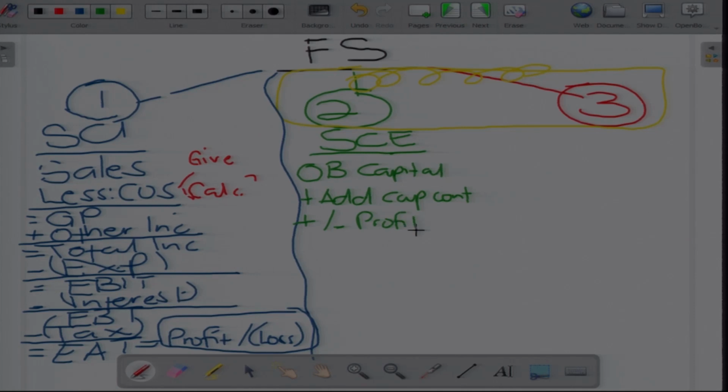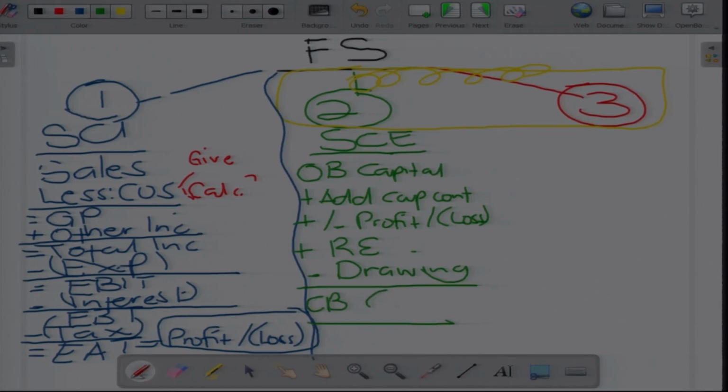So you will add if it's profit, or you will minus if it is loss, plus retained earnings if you have, and then you will minus drawings will equal to your closing balance capital. Now this is your equity amount.